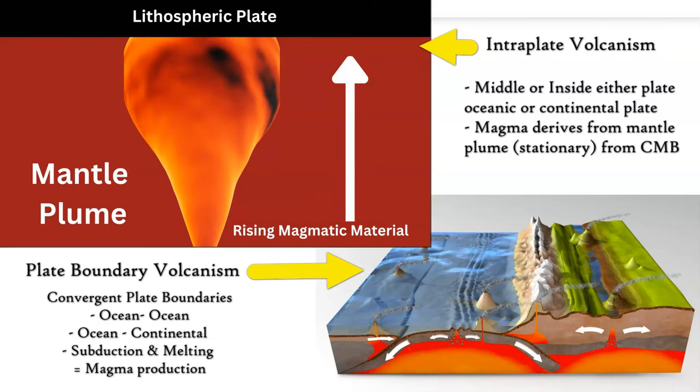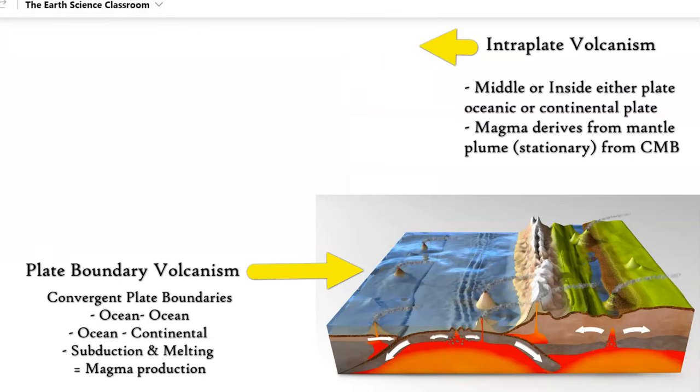So it's different because this mantle plume is a certain location and it's fixed, whereas with plate boundaries and subduction, you have this long chain where the volcanoes are usually fixed in location, whereas with the mantle plume, the volcanoes can move with the plate, but the actual magma is in the same location. So there are some differences between intraplate volcanism and the volcanism you get with plate boundaries.